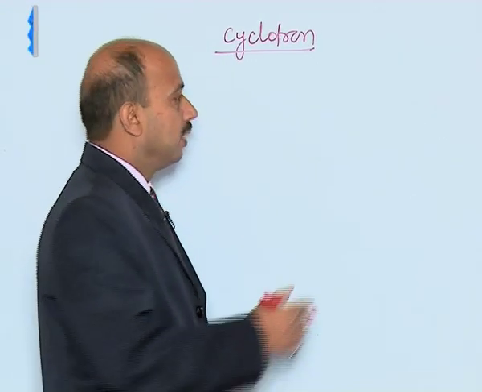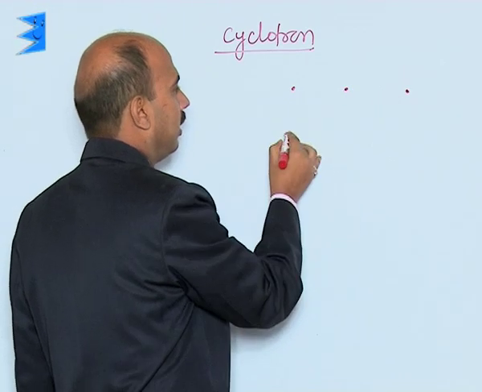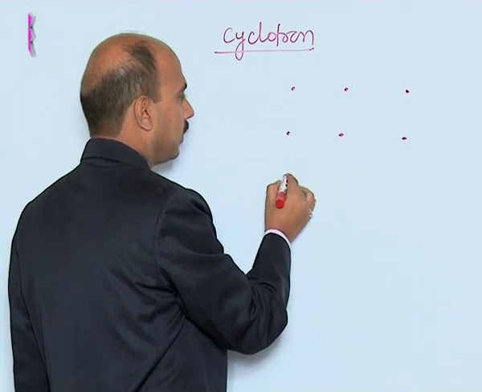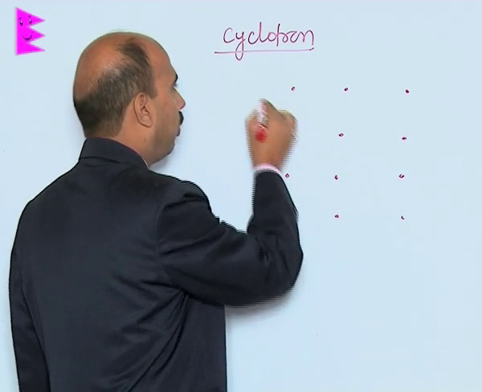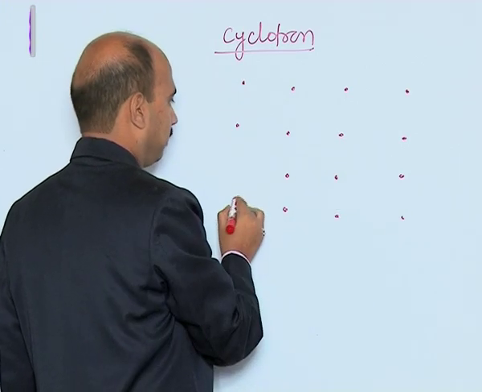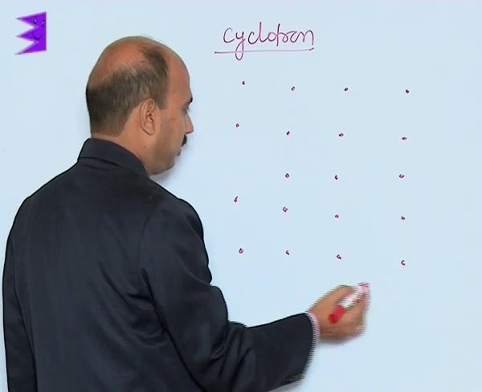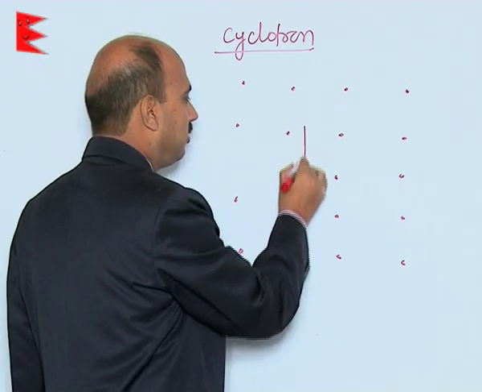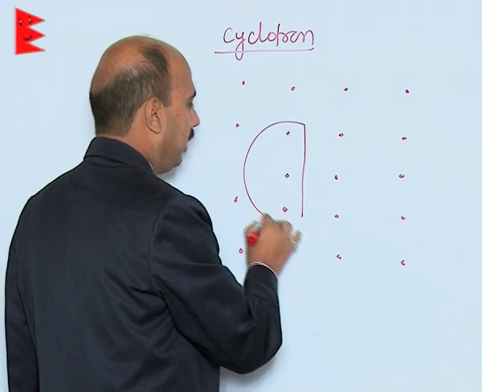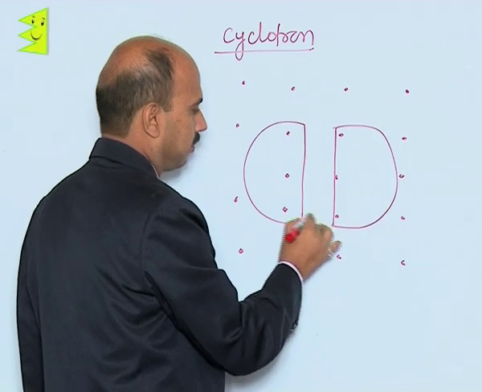So now see, suppose there is a magnetic field taken here in this way. This magnetic field is emerging out of the plane of the paper, dotted lines I am taking. So that means emerging out of the plane of the paper. There are two big D's used here, and these D's are like this.